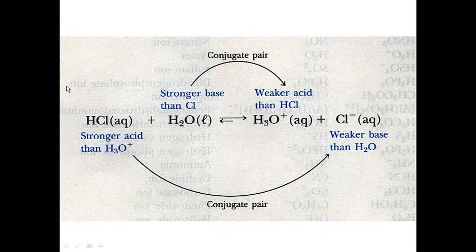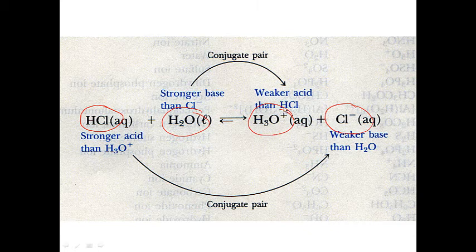But when we look at an equilibrium reaction and we want to know what side the equilibrium lies to, I need to relate the acid on the reactant side with the acid on the product side, and I need to compare the base on the reactant side with the base on the product side.